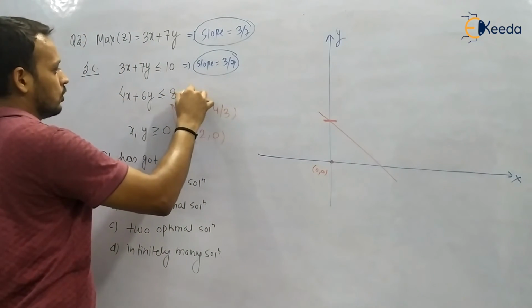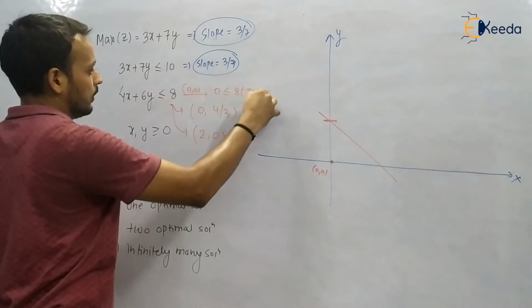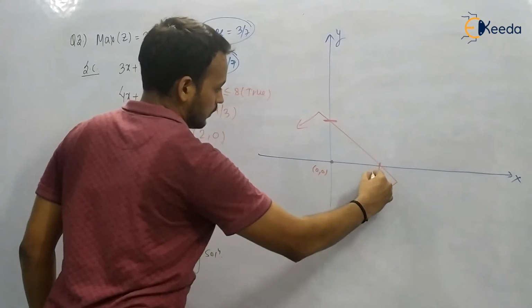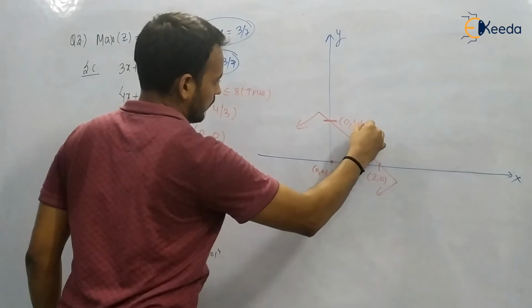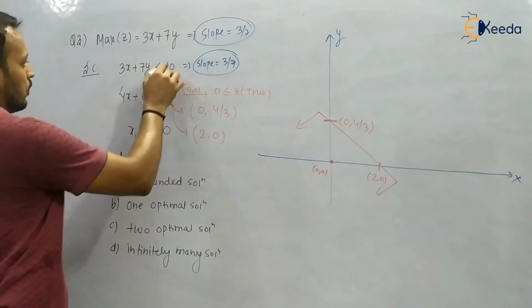Just put 0, 0, so 0 is less than or equal to 8, so the condition is true. True means it is towards the origin, so this point is 2, 0, and this point is 0, 4/3.